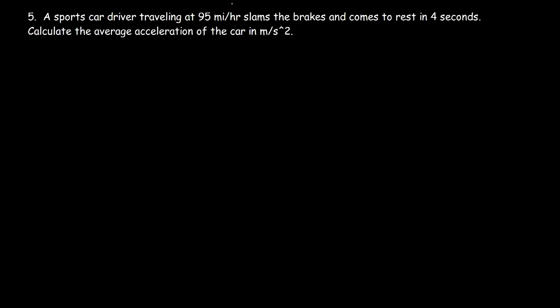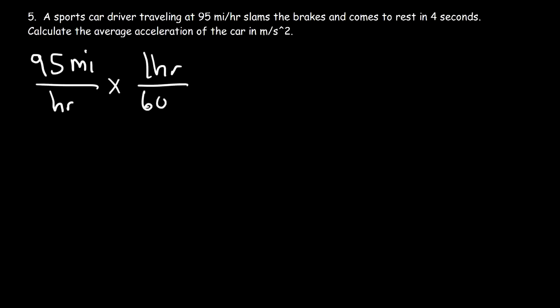So let's begin by converting miles per hour to meters per second. So we have 95 miles per hour. One hour contains 60 minutes, and each minute contains 60 seconds. Now, how can we convert miles to meters?